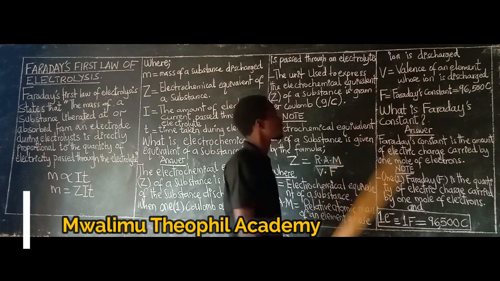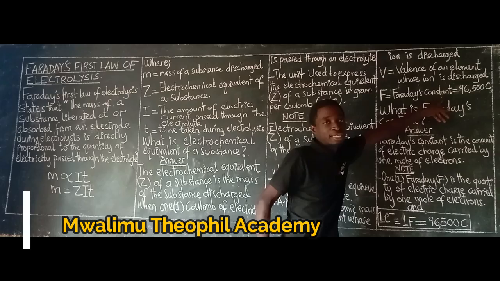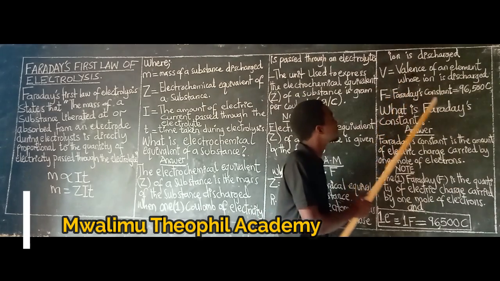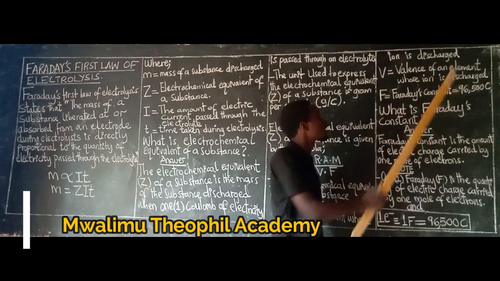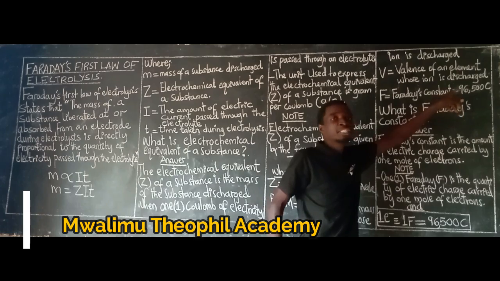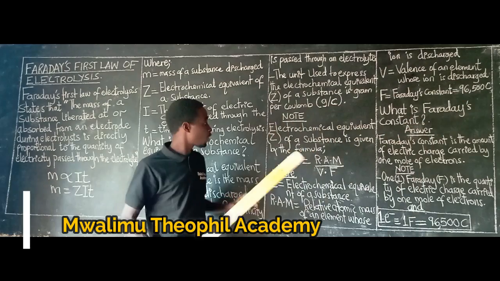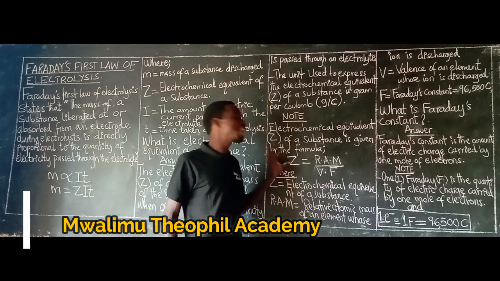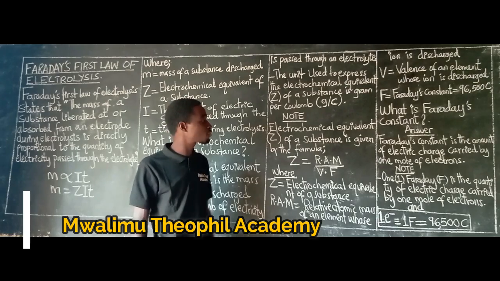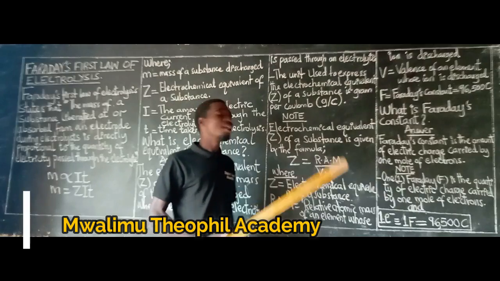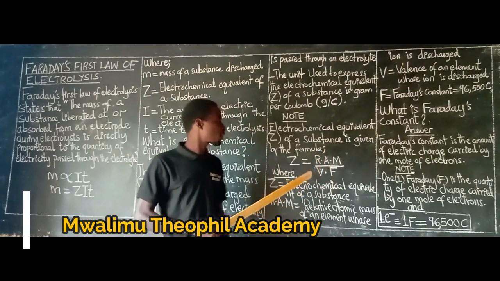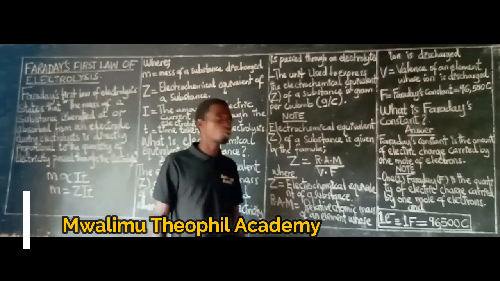And F stands for Faraday's constant, which is equal to 96,500 coulombs, as you can see. So, whenever you're asked to calculate the electrochemical equivalent of a substance, take note that it is the relative atomic mass over the product of valence and Faraday's constant.